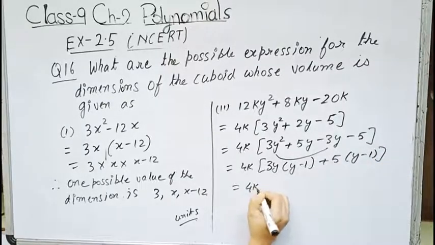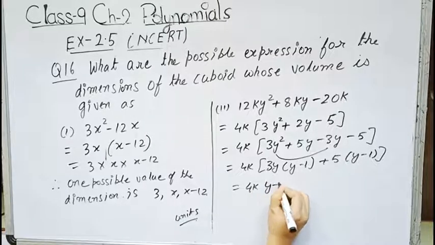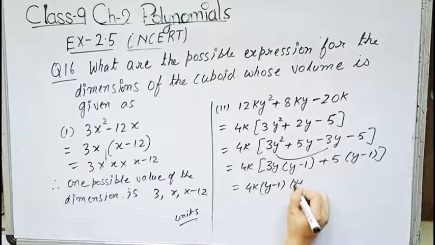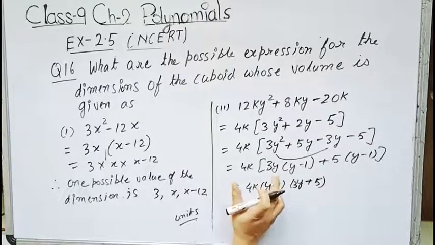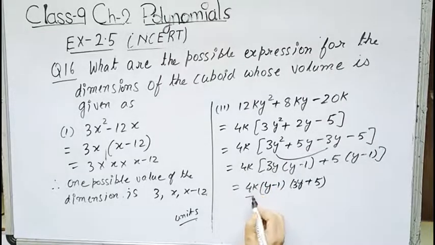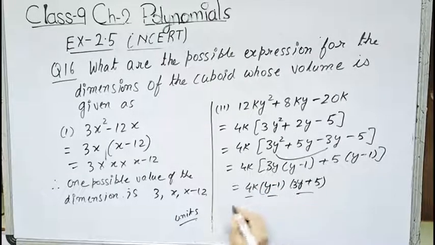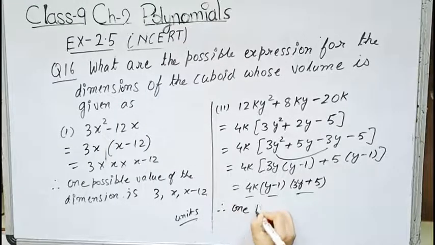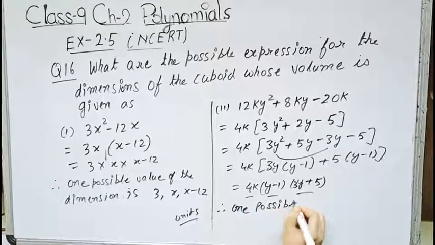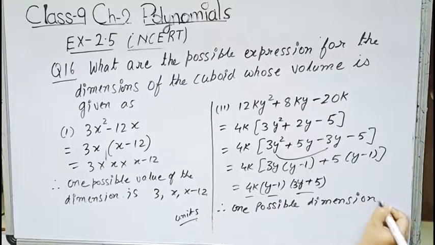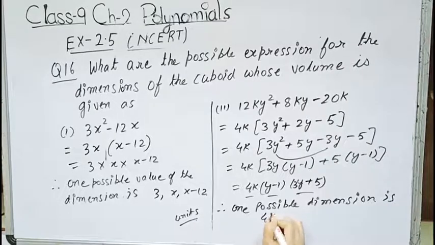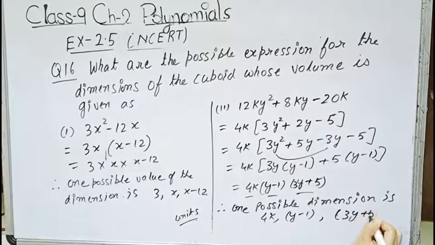So this will be written as 4k into (y minus 1) into (3y plus 5). So the given volume has been expressed as the product of the three terms 4k, y minus 1 and 3y plus 5. Therefore, one possible dimension is 4k, y minus 1, 3y plus 5. Answer.